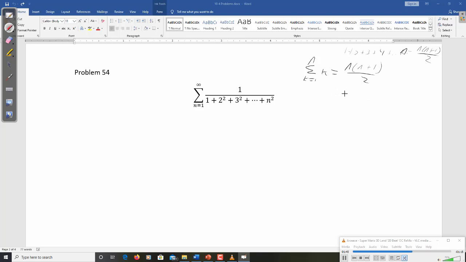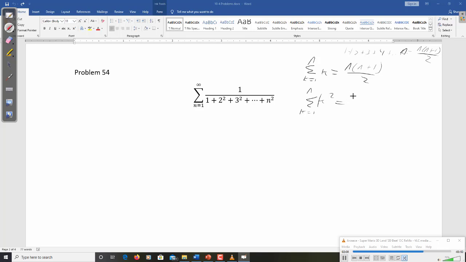It's a neat summation formula. If you ever want to talk about how Gauss came up with it, I'll show you his thought process. It's pretty neat. But if we look at the sum from k equals 1 up to n of k squared, there's actually a formula for that too. And note that's what we have on the bottom.